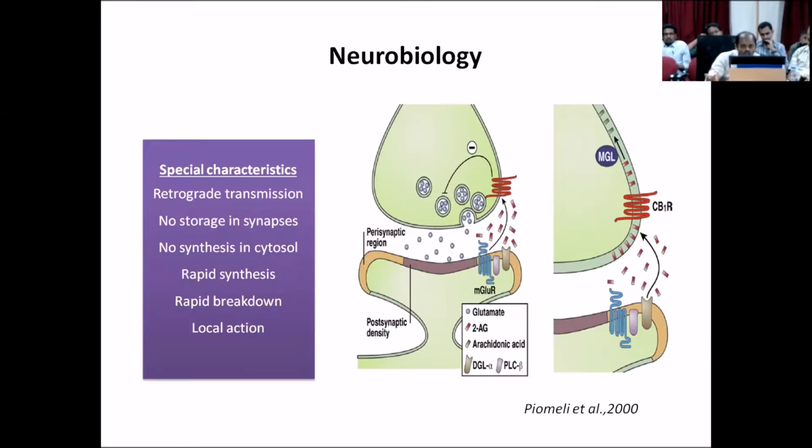There is no storage in the synapses. There is no synthesis in the cytosol. They are synthesized then and there, and they are also degraded there. These degradation pathways may be modalities for development of future pharmacological treatments. And also there is rapid breakdown and local action.